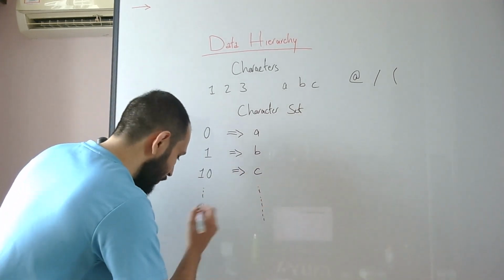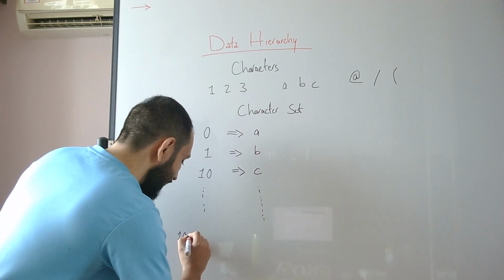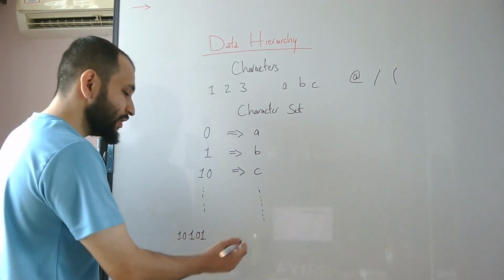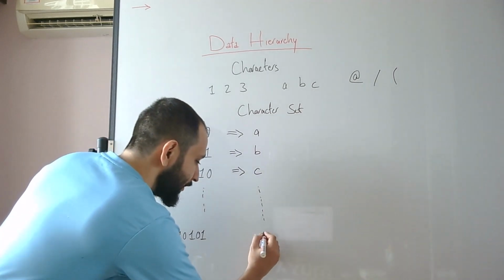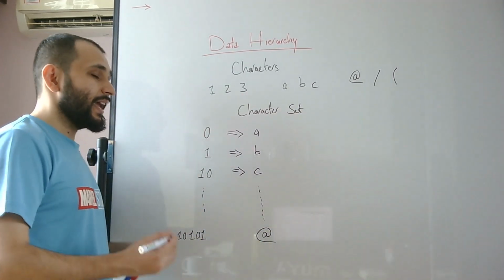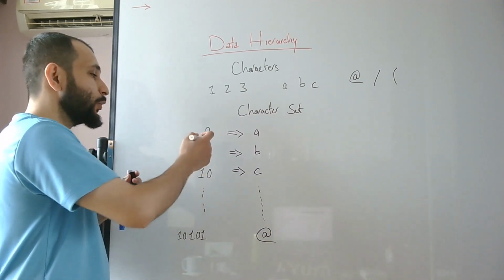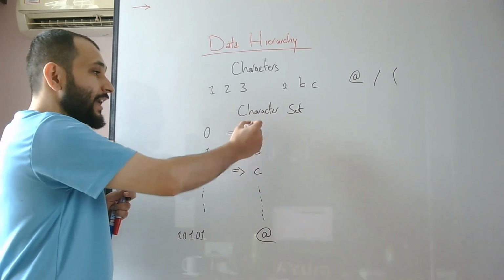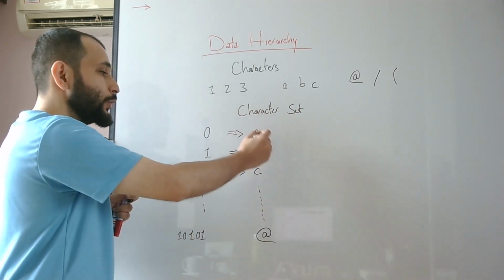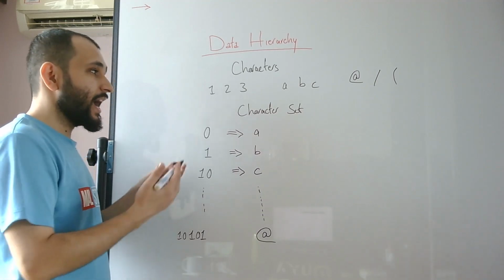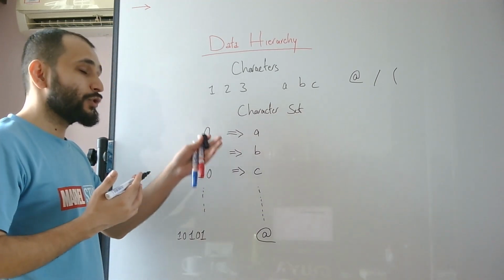For example, at one point, we have this mix of many different binary digits, and this might mean the special character @. So this is what a character set is: a correlation between the binary digits inside of a computer and the characters that we use to operate on a daily basis. So that's how a character set is created.